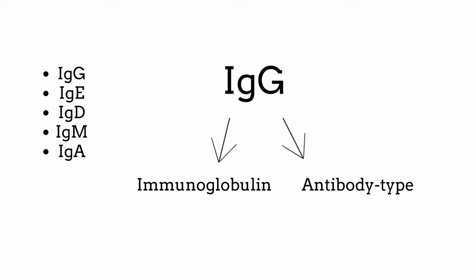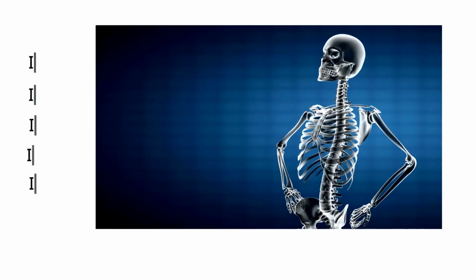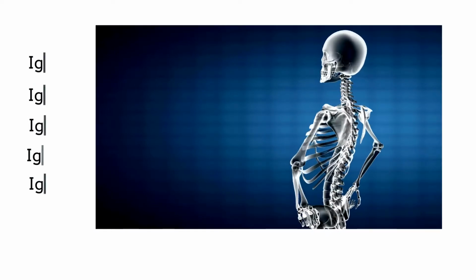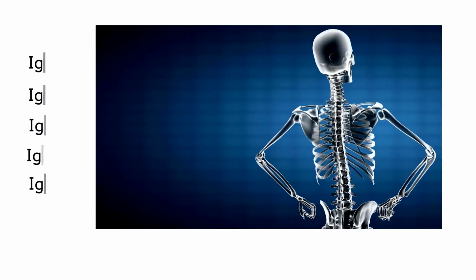Although it may seem complicated, the abbreviation Ig represents the structure of immunoglobulin, and G represents the antibody type. When we look at these, each type has fundamentally different characteristics and they are present in our body in different proportions.